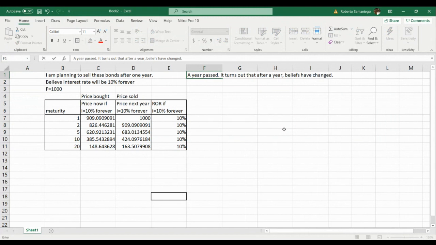There was some new information that entered the world that we didn't have at the beginning. And let's say specifically, now we all expect interest rates going forward to be 15%.